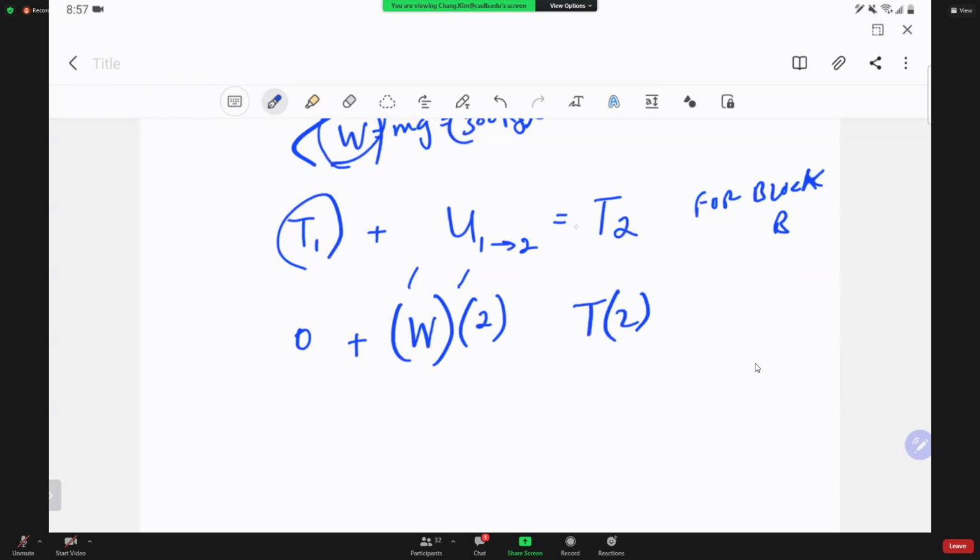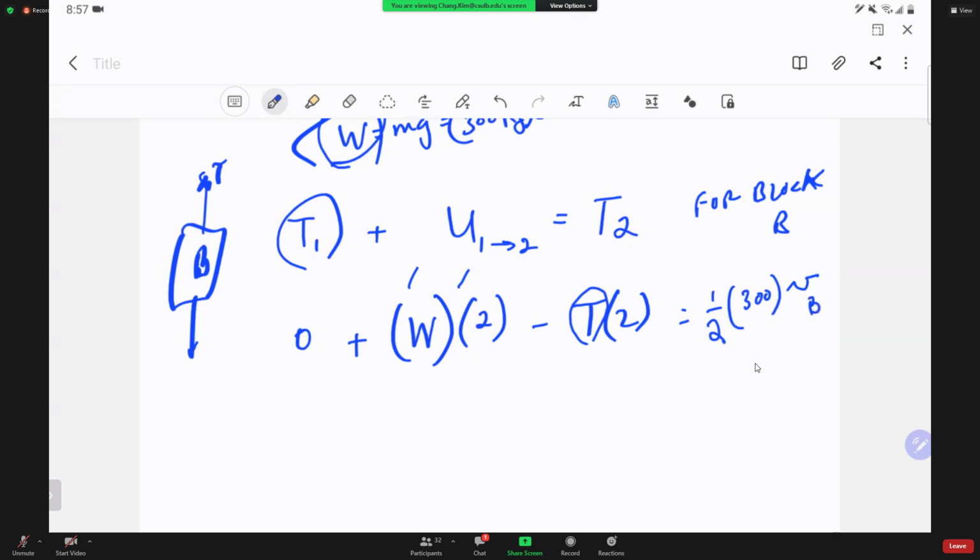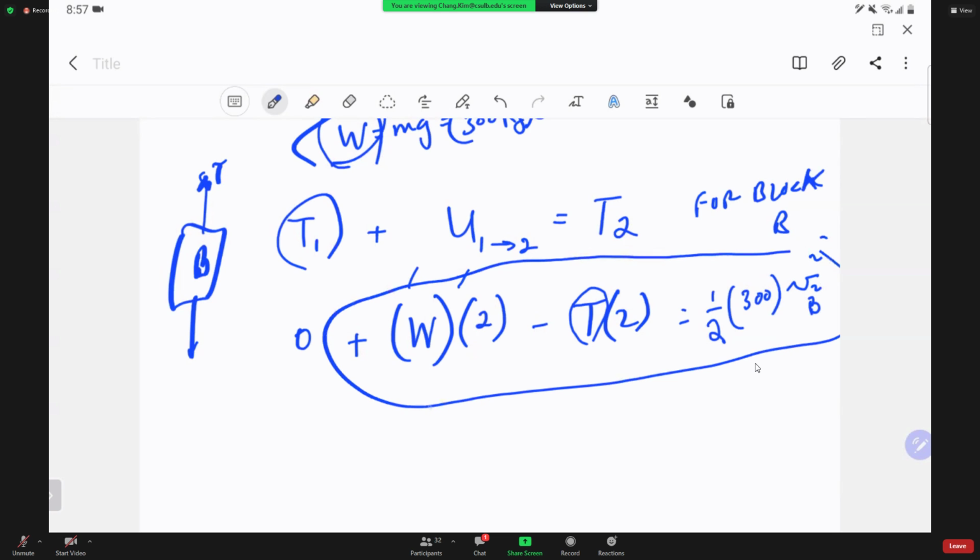The tension is in the opposite direction to the moving direction of block B. Therefore, this block will suffer negative work done by the external force, tension on block B, which is equal to 1/2 times mass, 300, times the velocity at position 2 squared. And this one is 300 times 9.8.